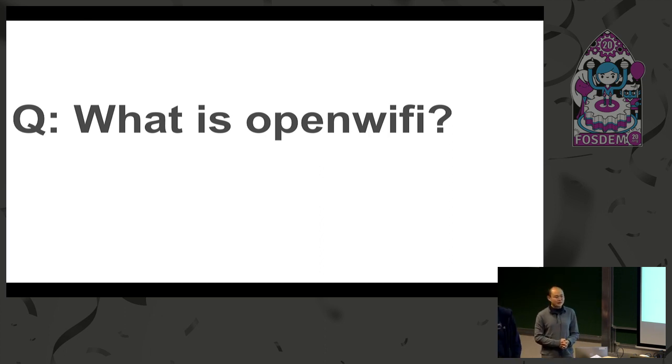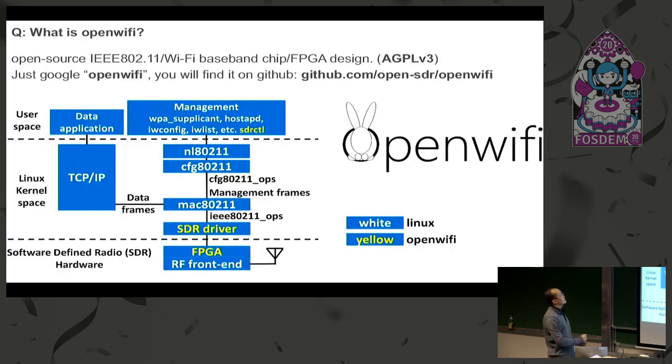First question, very basic. What is Open Wi-Fi? It's not the Wi-Fi that gives you open access all over the world. I know there is such a project also called Open Wi-Fi. Unfortunately, or fortunately, this is not. The answer is that Open Wi-Fi, in our project, represents the open source IEEE 802.11 or Wi-Fi chip design.